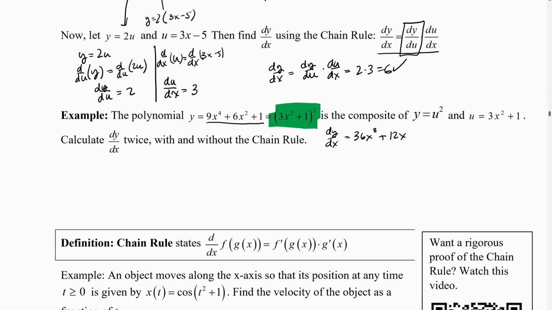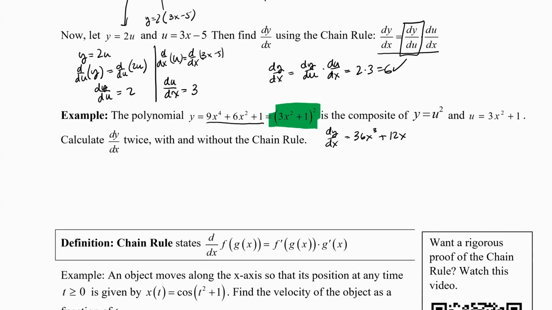And you're like, well, what I don't want to do is I don't want to have to expand that. Could we use the chain rule instead? Could we think of this expression, (3x squared plus 1) quantity squared, as being two functions, u squared, where u is equal to 3x squared plus 1? Can we think of that problem in that way?